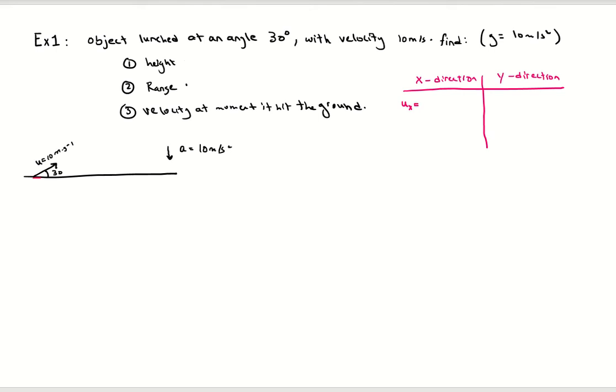So this x component of the velocity, ux, is equal to u cosine theta. So if I want to substitute it here, it's 10 cosine of 30. Cosine 30 is radical 3 over 2 times 10, and the value is going to be 8.66.